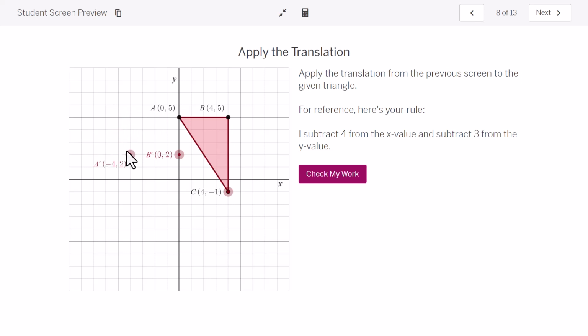Oops. -4, 2. And one more time. I'll subtract 4 from the first number. That'll give me 0. And I'll subtract 3 from -1. That'll give me -4. So when I subtracted 4 from all of the x values, and I subtracted 3 from all of the y values, I translated the figure.